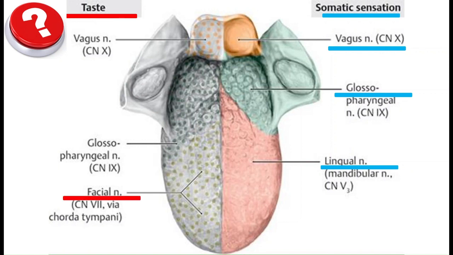The anterior 2/3 has a story. The sensations from the taste buds travel through the lingual nerve, and then they leave the lingual nerve and form a nerve called chorda tympani, and this branch is going to join the facial nerve, and they will end up in a nucleus called the nucleus tractus solitarius.